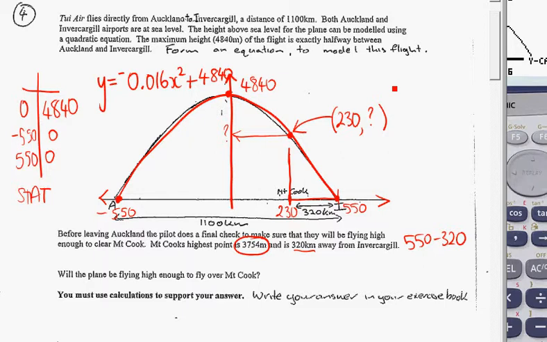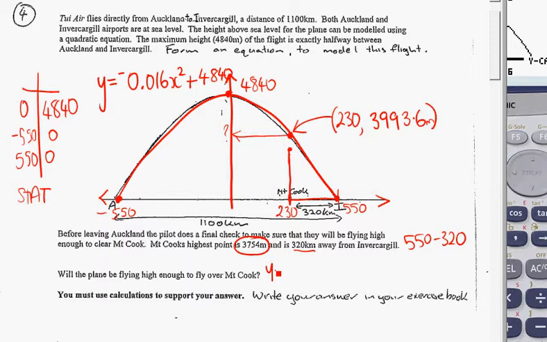So I can fill that in now. 3993.6 metres, that's what the plane is doing. So obviously if Mount Cook is a height of 3754 metres, it's clearly going to be below the plane, which is all good.